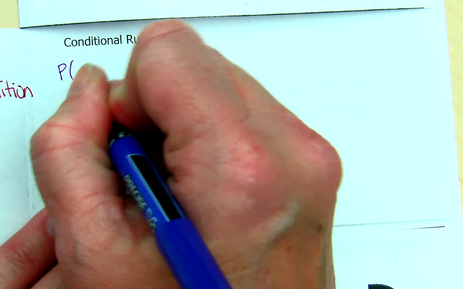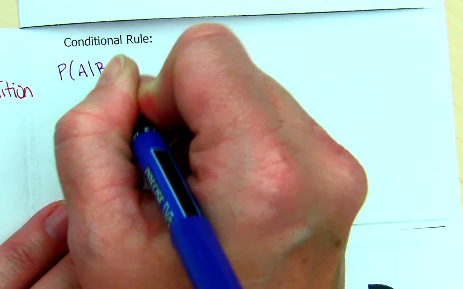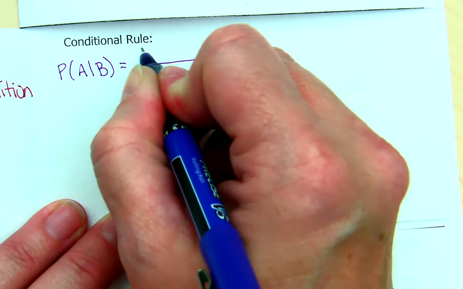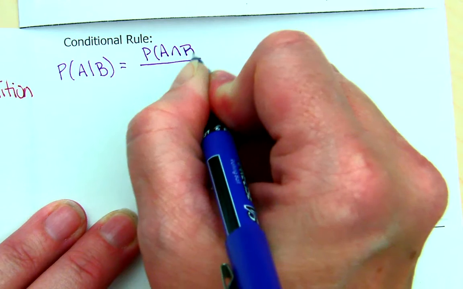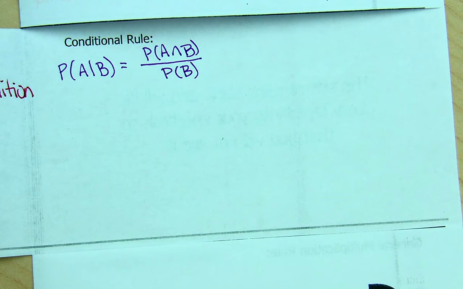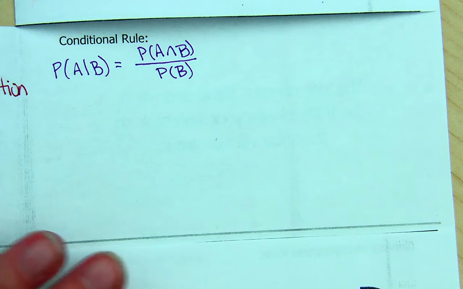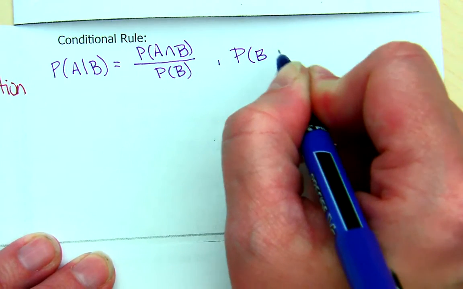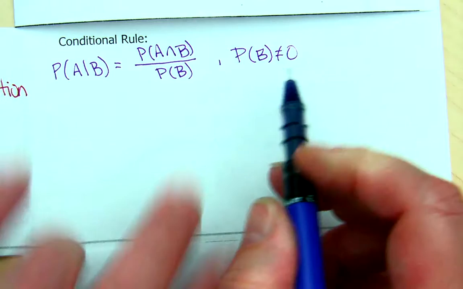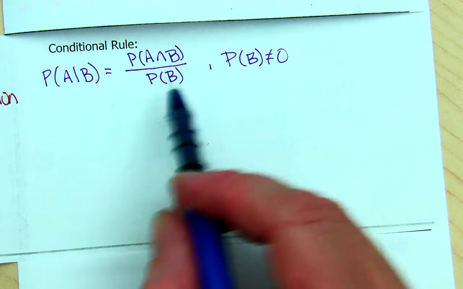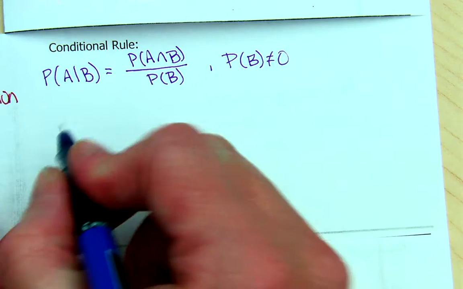So if we're doing probability of A given B, we do the probability of A and B over probability of B. And of course we know probability of B does not equal 0, so we don't have to worry about division by 0 because we were told B already happened. Since it has happened, that probability is not 0.